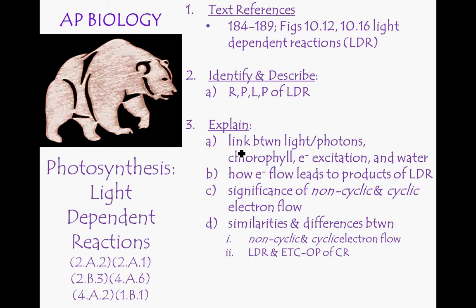So you should be able to identify and describe reactants, products, locations, and the purpose of the light-dependent reaction, as well as explaining all of these, and we'll work on that writing in class. Okay, thanks. Bring your questions.